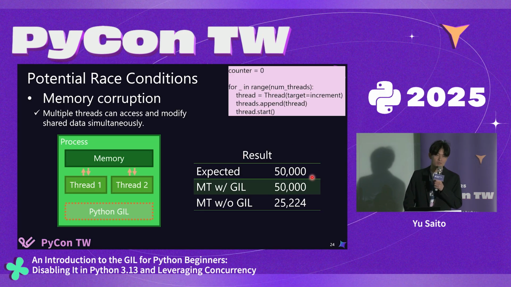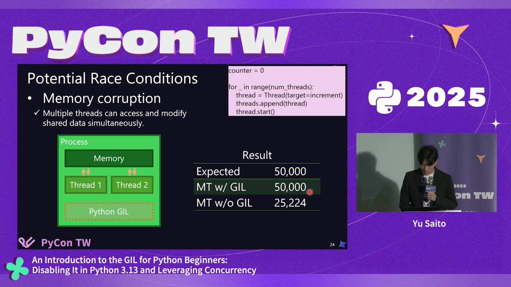When you run this program with the GIL enabled, the result becomes 50,000. But if you run this program without the GIL, the result would not become 50,000. This is a consideration point of race conditions.